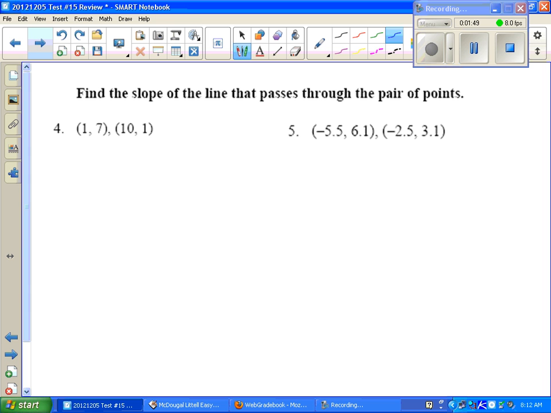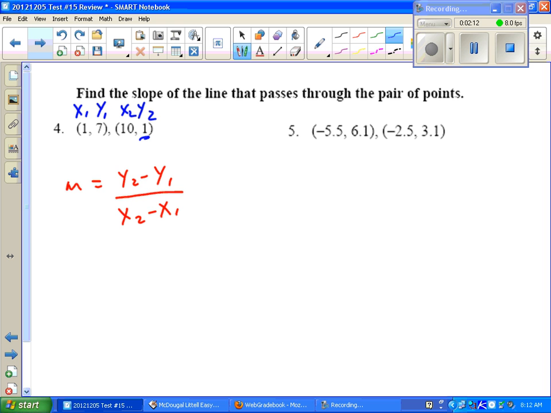Finding the slope of the line that passes through these 2 points, you're going to need to use the slope formula for this. Remember, your slope formula is the change of y, so y sub 2 minus y sub 1, over your change of x, so x sub 2 minus x sub 1. Easiest way to do it. Again, mentally you could do this, but it's probably a good idea till you get the hang of it to label it x sub 1, y sub 1, x sub 2, y sub 2, and just plug the values in.